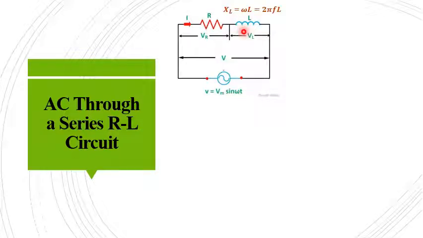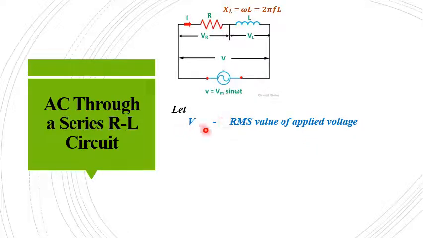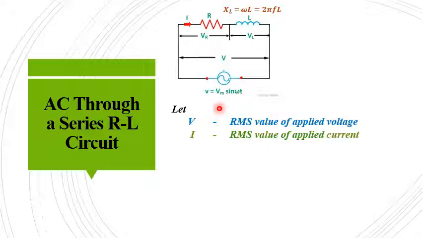So if the inductance value is L, then the inductive reactance XL is obtained as omega L or 2 pi fL. Let V be the RMS value of your applied voltage, that is, V is actually Vm by root 2, and I be the RMS value of applied current.